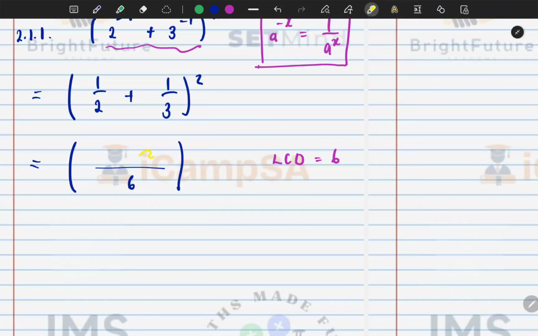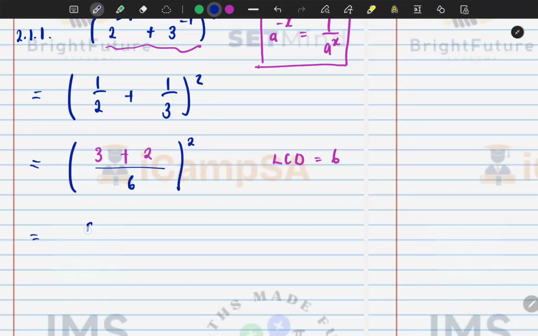It's going to be 3 times, and 3 times 1 is 3. And then how many times does 3 go into 6? It's going to be twice. 2 times 1 is 2. And we still have squared.